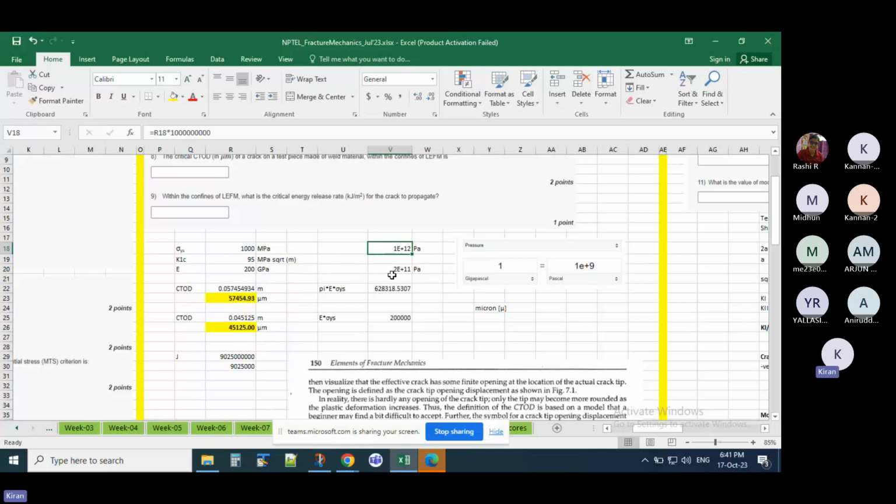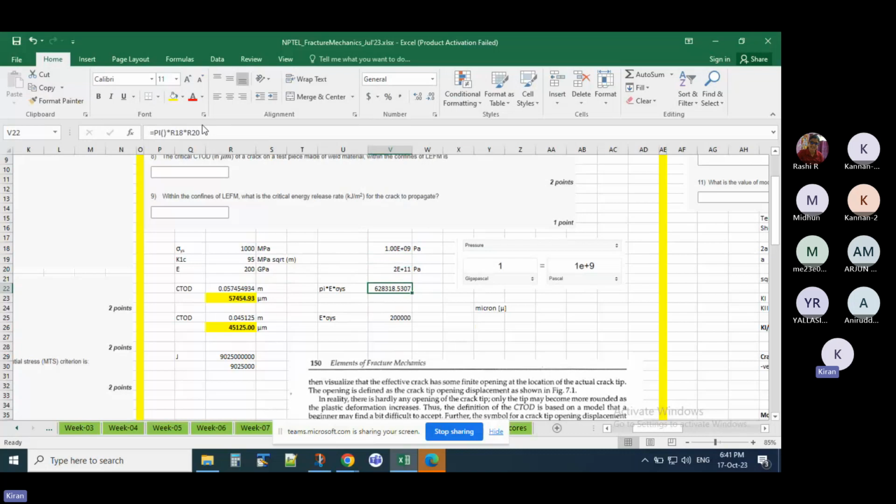Yes, this is where I made the mistake. It should be 1e9. Yeah, correct.